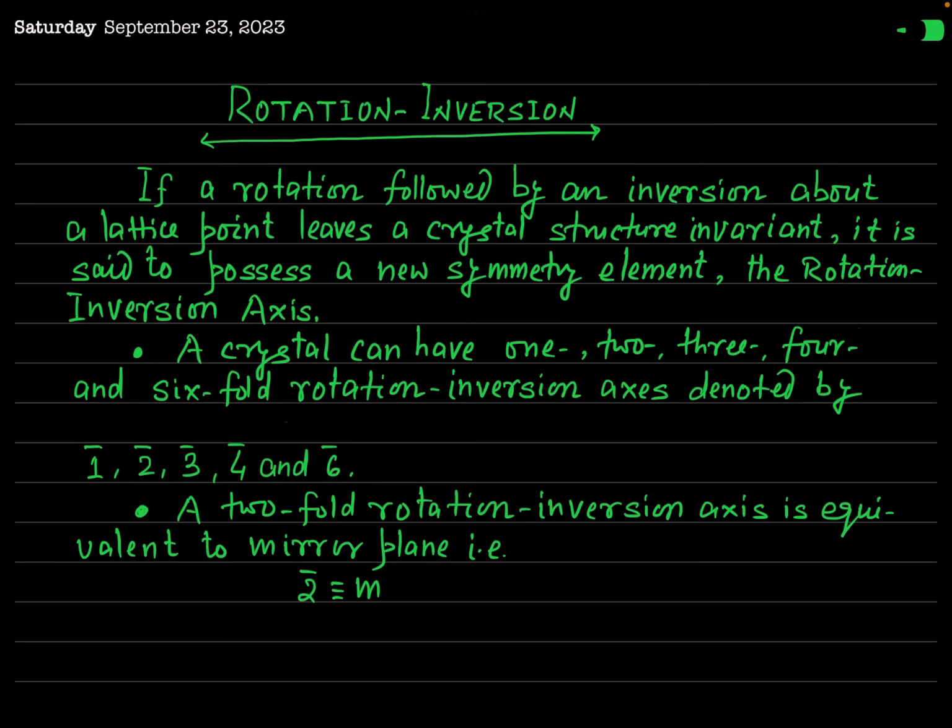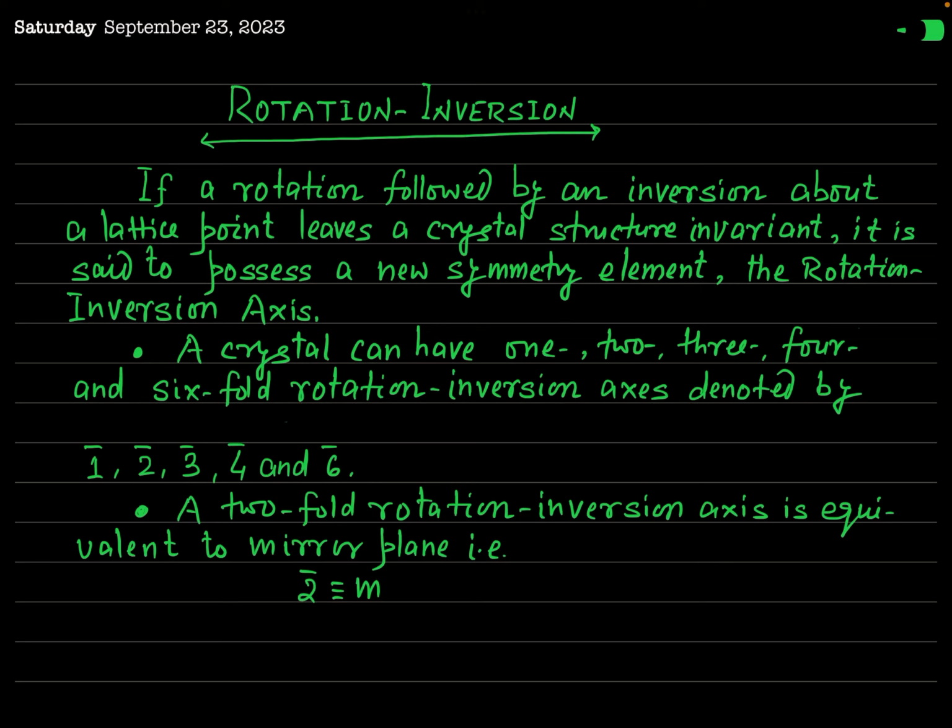Now we will see the three allied symmetry operations which actually result from the combination of the basic symmetry operations. And in this regard, the first one is rotation inversion symmetry operation. Rotation inversion. As the name implies, this rotation inversion will definitely be a combination of the rotation and inversion symmetry operations.